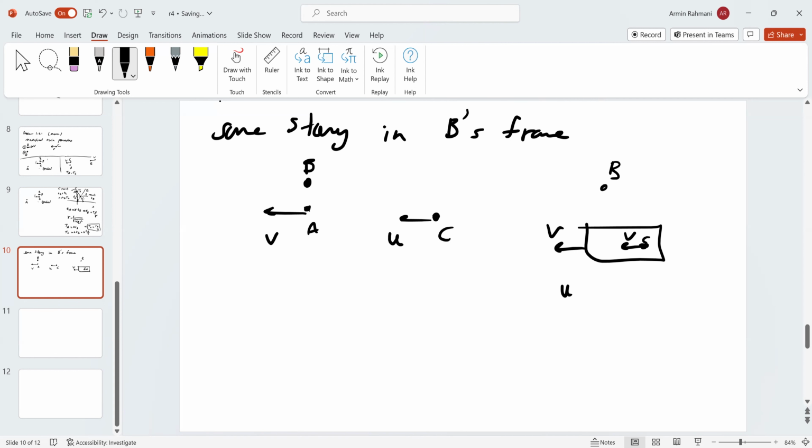So U is going to be V plus V over 1 plus V times V over c squared. So that's going to be the velocity of C as seen by B.